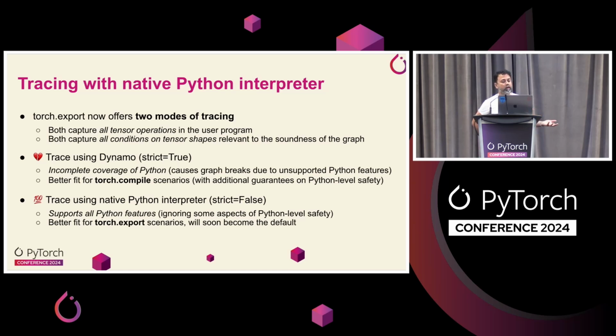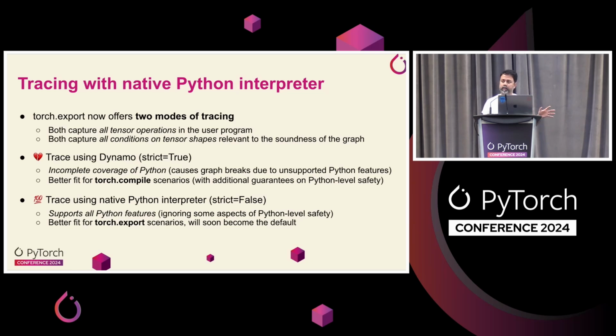So why did we cool down on Dynamo? As it turned out, a lot of graph breaks that users were seeing were because of unsupported Python features in Dynamo. And I should stress that this is by design, because Dynamo works with TorchCompile, and remember I told you that you can drop down to an eager Python runtime whenever you cannot compile some code. So it's a good fit for TorchCompile.